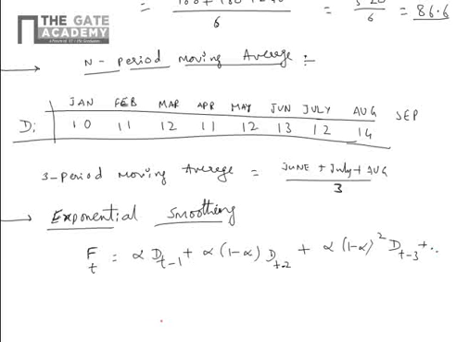Here d is the actual demand of a particular period, and alpha is the smoothing constant.